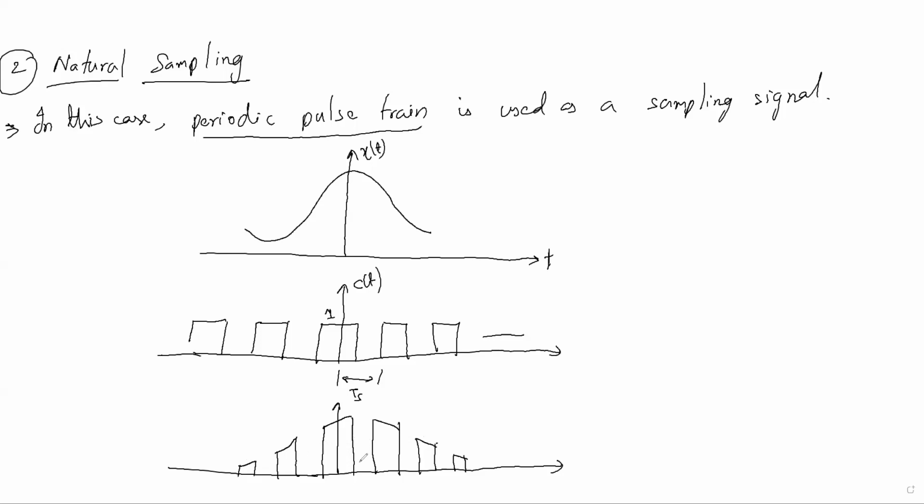This is the sample signal. How have we got this? This is s of t. We got s of t by multiplying x of t into c of t. By multiplying these two signals, x of t and c of t, we get the sample signal. So this is the Ts of the sample signal.